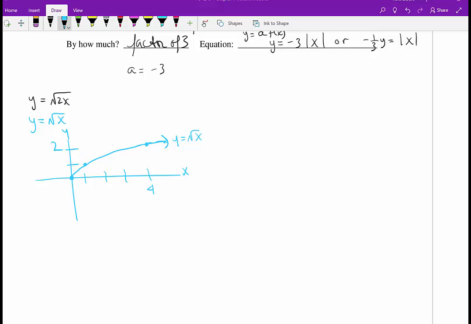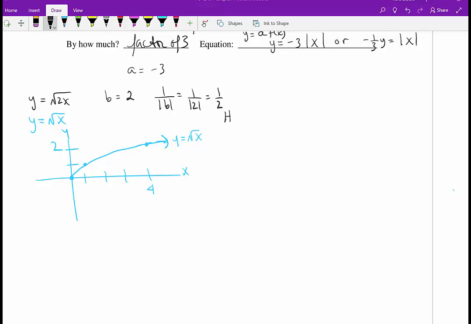If I want to graph y equals the square root of 2x, then maybe I want to know what the transformation is, right? So I look at this and I go, well, I have a 2 on the x, which means that I have a b value, which is 2. And if I have a b value, which is 2, my stretch is 1 over the absolute value of b, which is 1 over the absolute value of 2, which is 1 over 2.